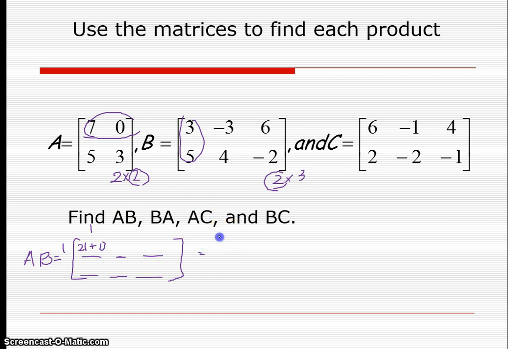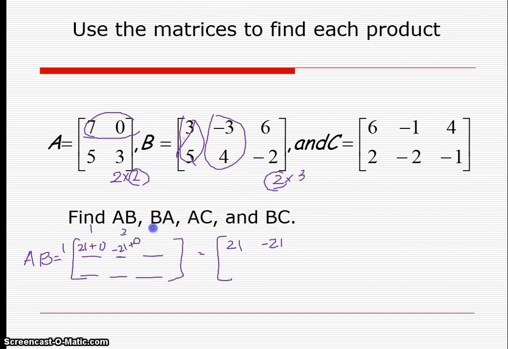So my answer for that first one is going to be 21. For the first row, second column, I still use the first row, but this time I use the second column. 7 times negative 3 is a negative 21. 0 times 4 is 0, so I end up with negative 21.